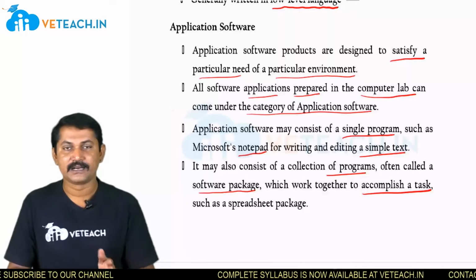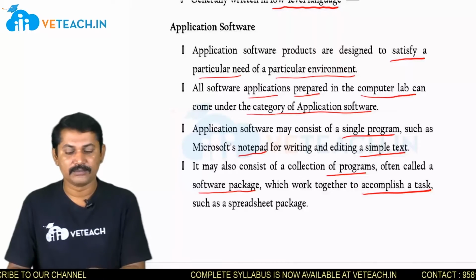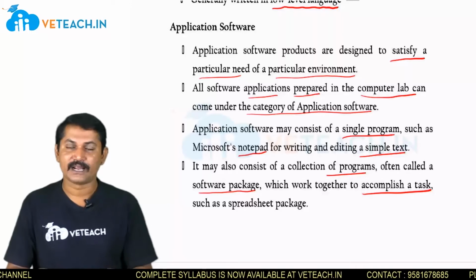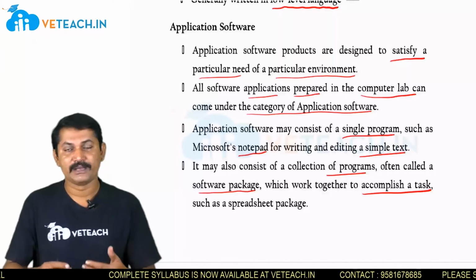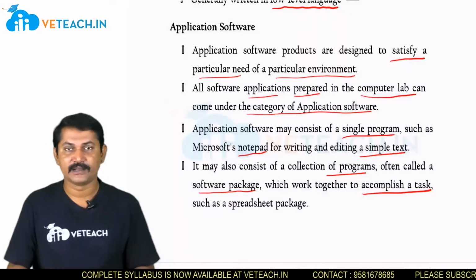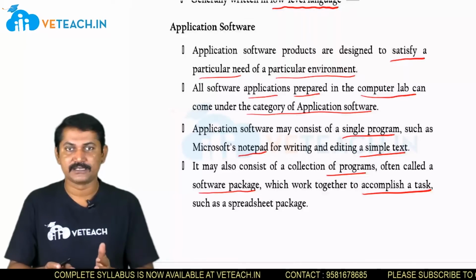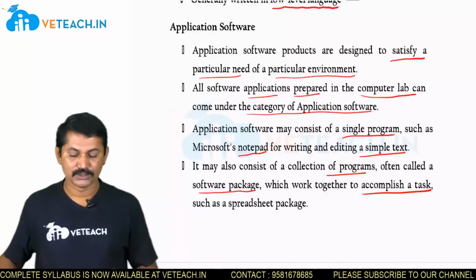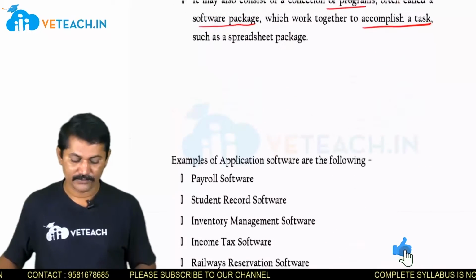And Notepad, for general normal text messages can be written in the Notepad. For presentation, we have MS PowerPoint for presentation of data. These are different kinds of applications that are designed to fulfill the user requirements. So they come under application software.